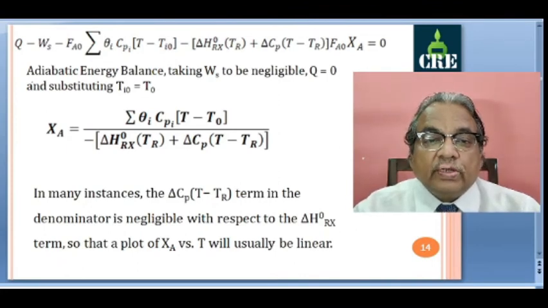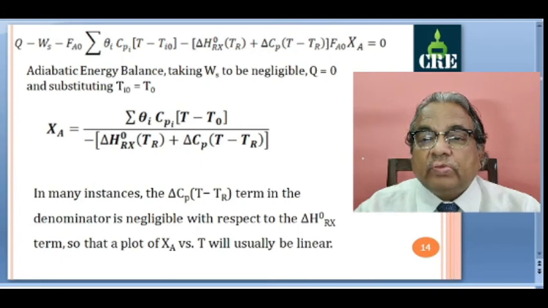So we know our general energy balance equation, Q minus Ws minus Fa0 theta I CPI T minus Ti0 minus delta HR at reference temperature plus delta Cp T minus Tr into Fa0 XA, that is equal to 0.